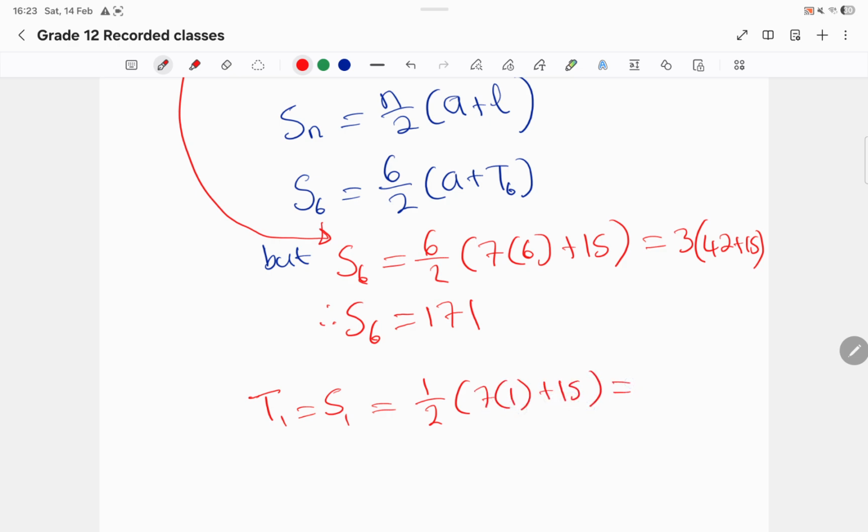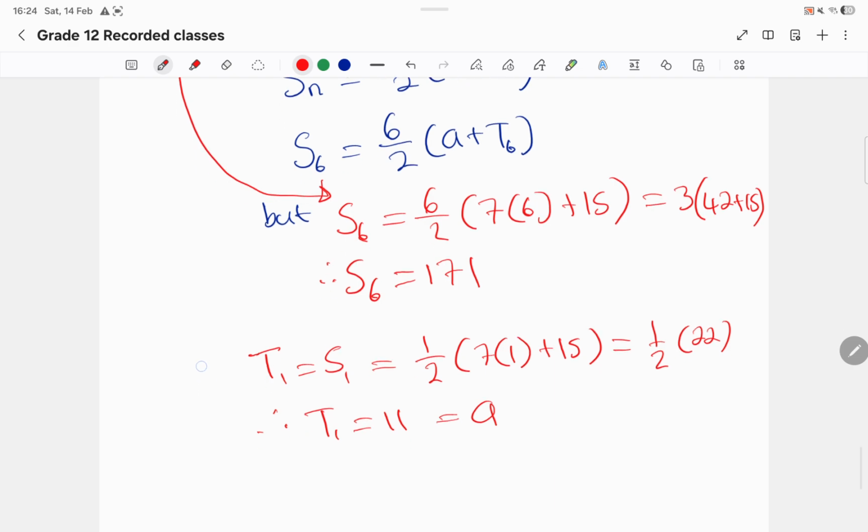So what is our first term here? It will be a half of 7 plus 15, which is 22. Therefore, your T1 equals 11.